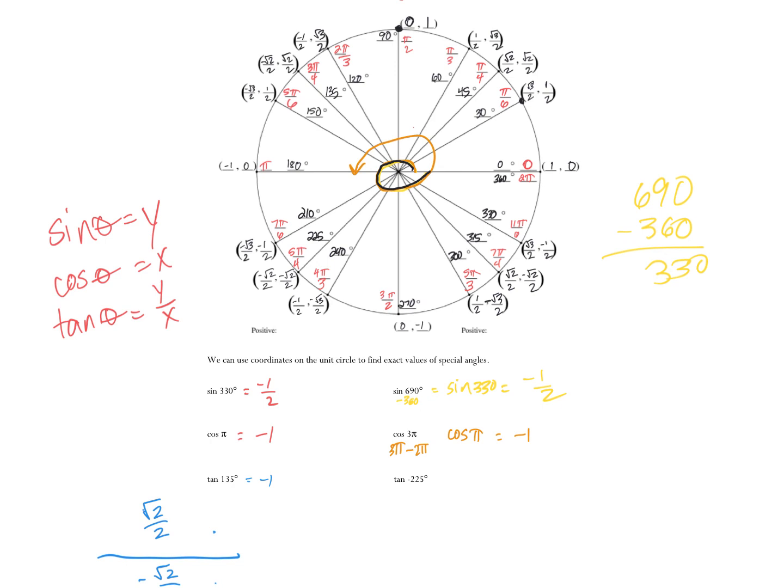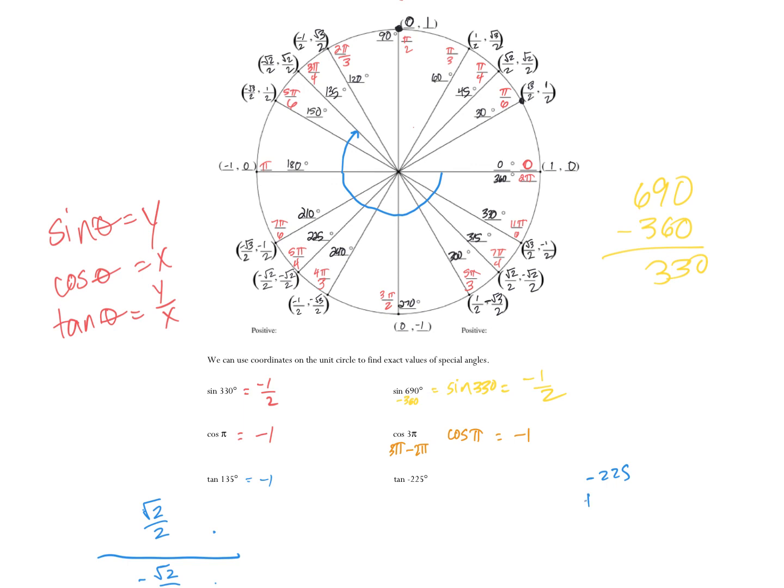Where is negative 225 going to be? What do we do with negative angles? We go in the opposite direction, right? So that's 90, 180, and I have to go 45 more. Could we just add 360 to it?